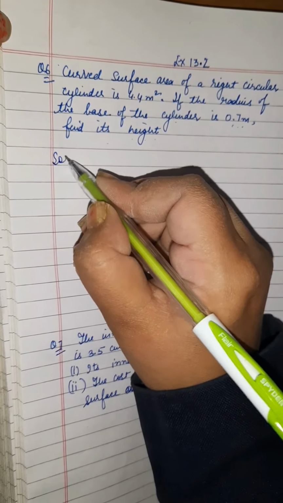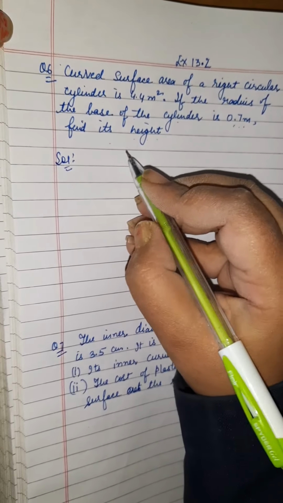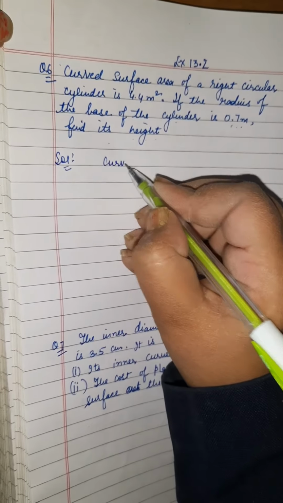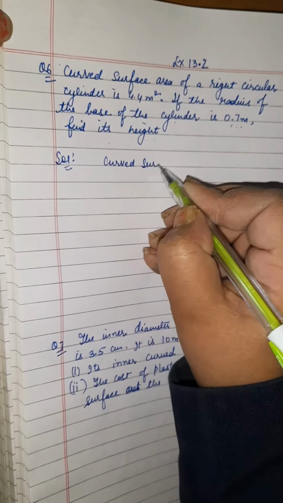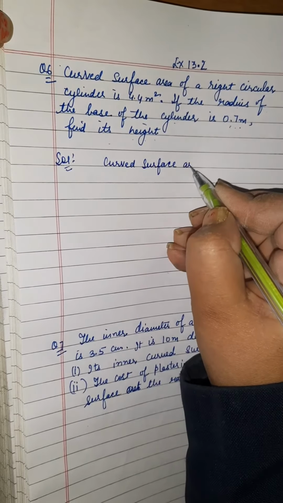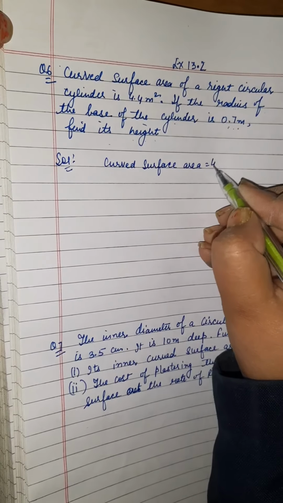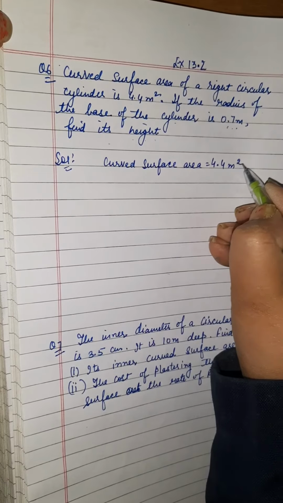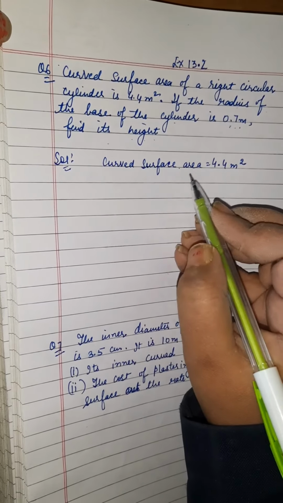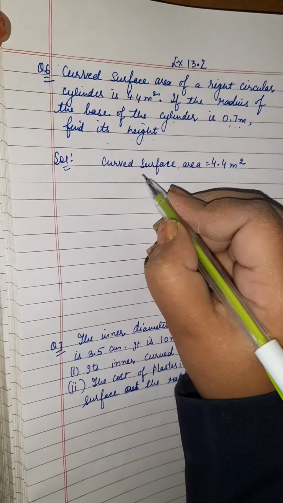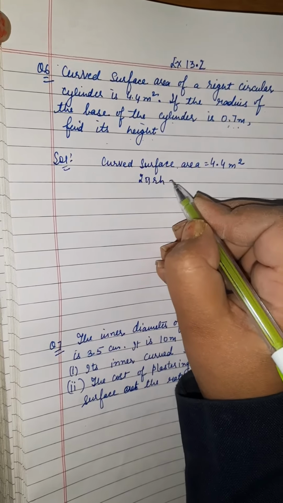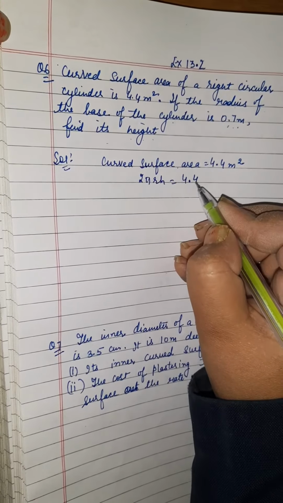Let's start the solution. Curved surface area of the cylinder is equal to 4.4 meters square. As we know, the formula of the curved surface area of the cylinder is 2 pi RH. So 2 pi RH is equal to 4.4.